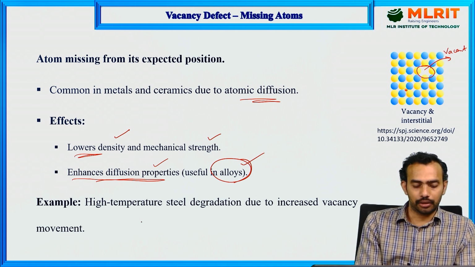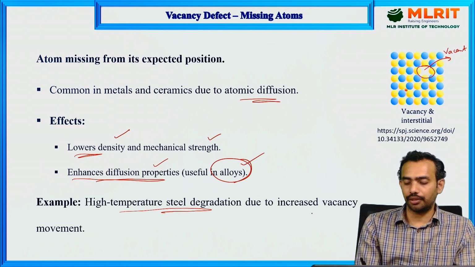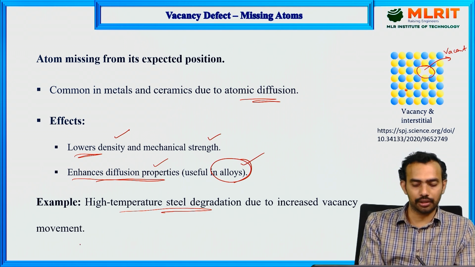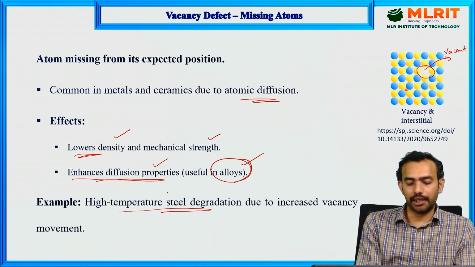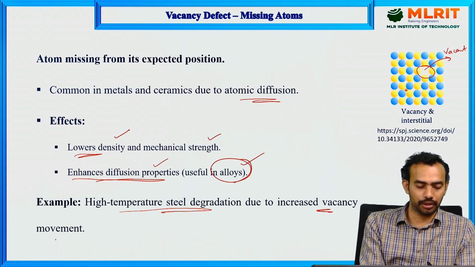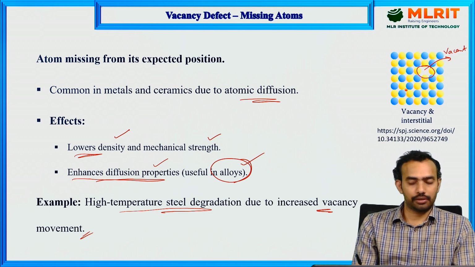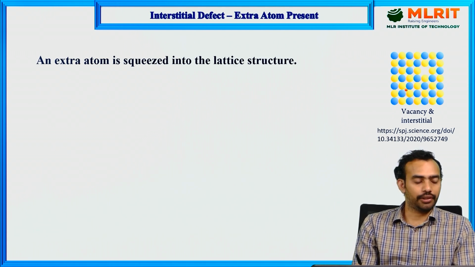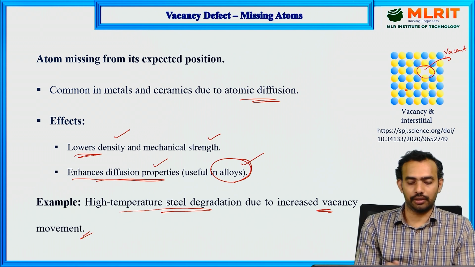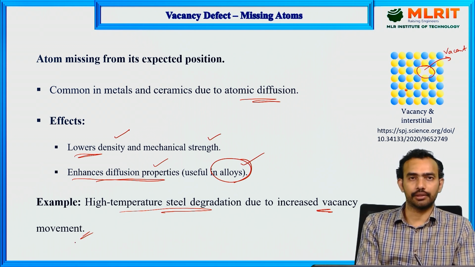If I quote an example for this: high temperature steel degradation due to increased vacancy movement. The degradation of high temperature steel is caused by the increased vacancy movement. So this is one example of vacancy defect and its effect.